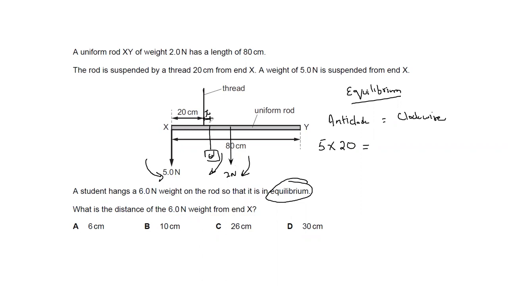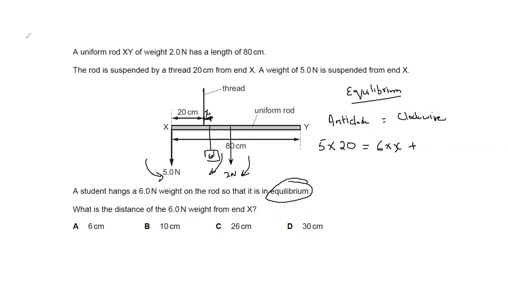The clockwise moment is due to two forces. One is 6 Newton, another one is 2 Newton. So 6 Newton is causing a clockwise rotation, and the distance from the pivot is x. X means unknown, plus a force of 2 Newton.